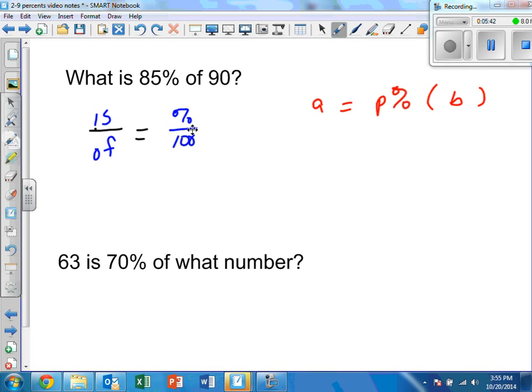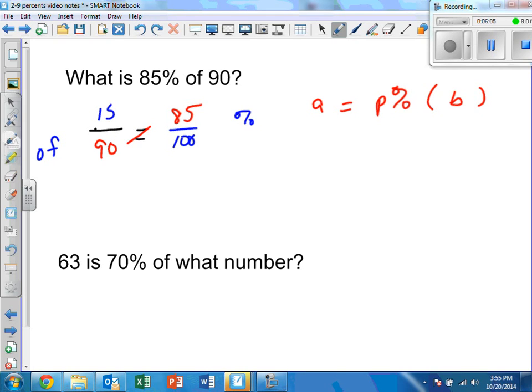I'm going to bump the percent out of the way because 85 is my percent. I already know that one. So I can put 85 right in there for percent. Remember, no decimal. Is what is. I don't know what is, so I'm going to leave that as a variable. Of 90, so of goes out of the way, and 90 comes down there in the of spot.